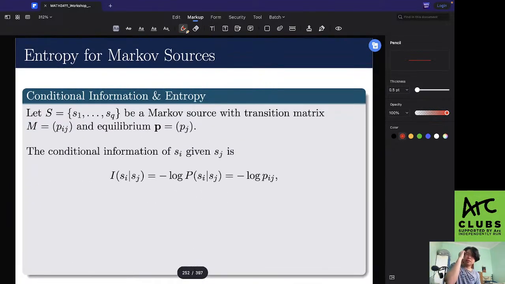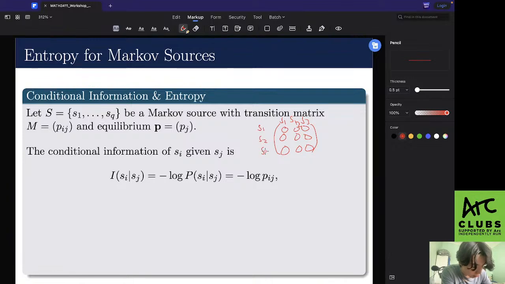Now, the entropy is calculated for sources, and what's another source that we know? Well, we know Markov sources, right? So we also go through how we calculate the information and entropy for a Markov source. Well, we know that a Markov source might be given as an n by n matrix, in this case S1, S2, and S3.